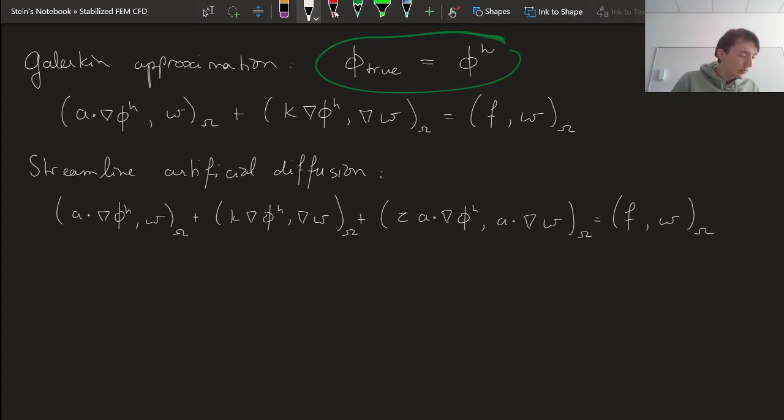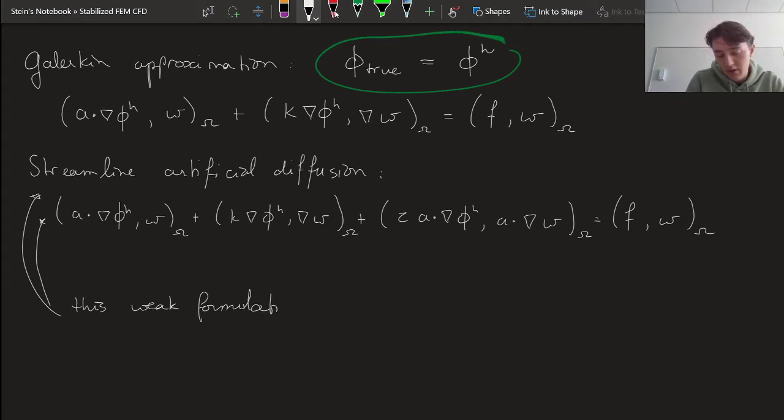So to write that down explicitly, this weak statement, this weak formulation is no longer satisfied by the true solution.